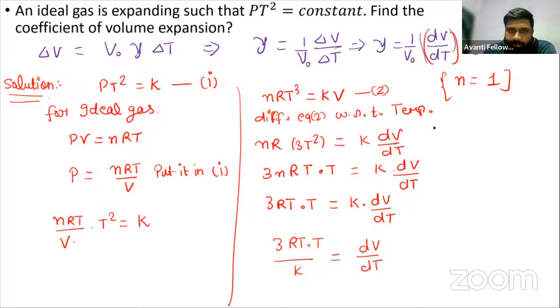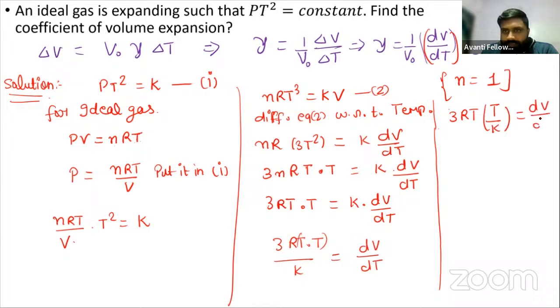Now this T square, you can replace it by P by K. So here you can say 3RT into T upon K equals dV by dT.